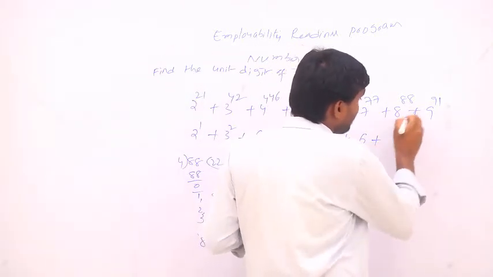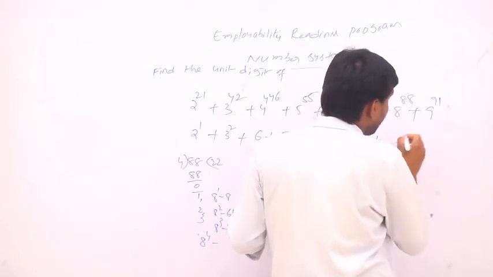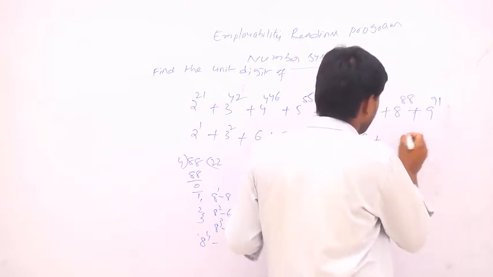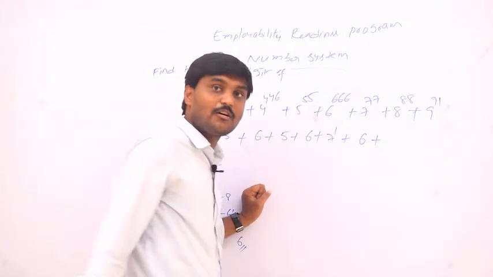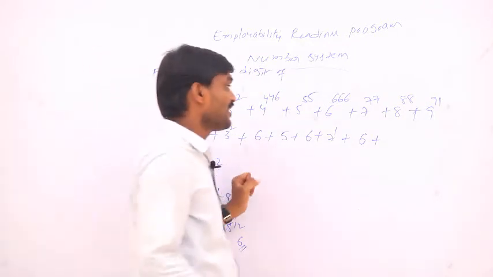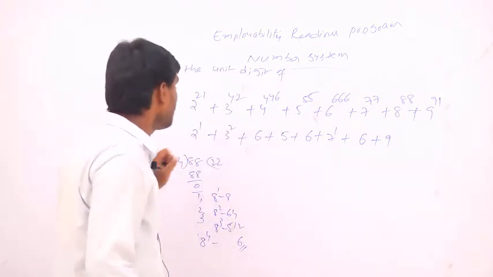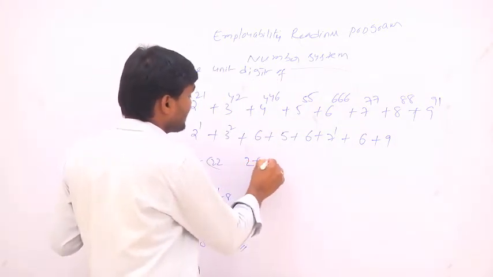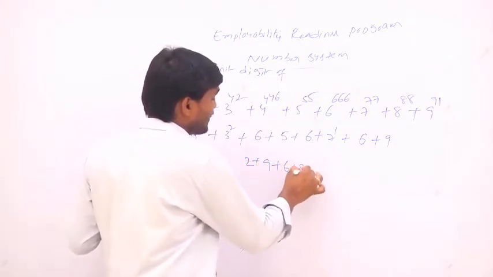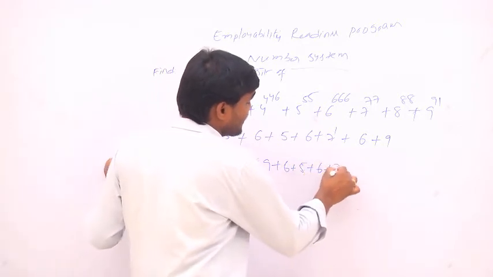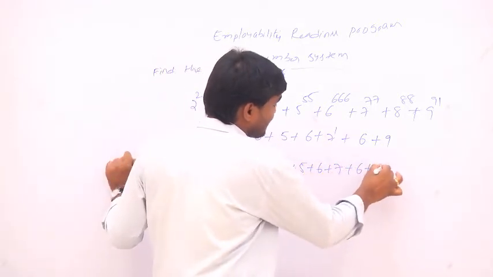Plus 9 power an odd number is 9, and 9 power an even number is 1. So 9 power 91 is an odd power, so take 9 power 1, 9. Once again: 2 plus 9 plus 6 plus 5 plus 6 plus 7 plus 6 plus 9.